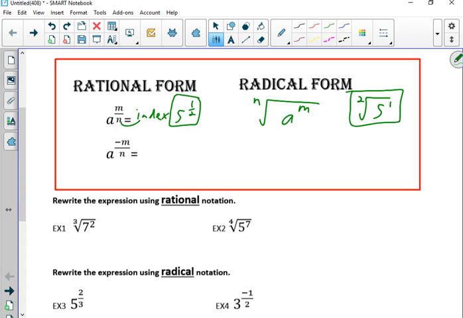So we have a to the negative m over n. Like let's say 5 to the negative 1/2.